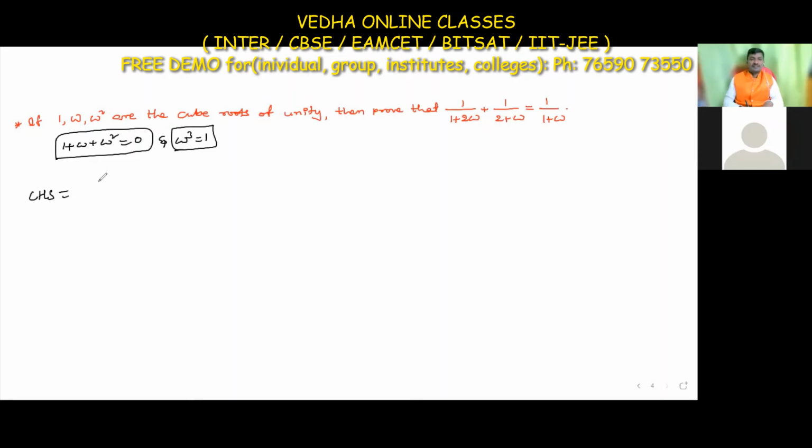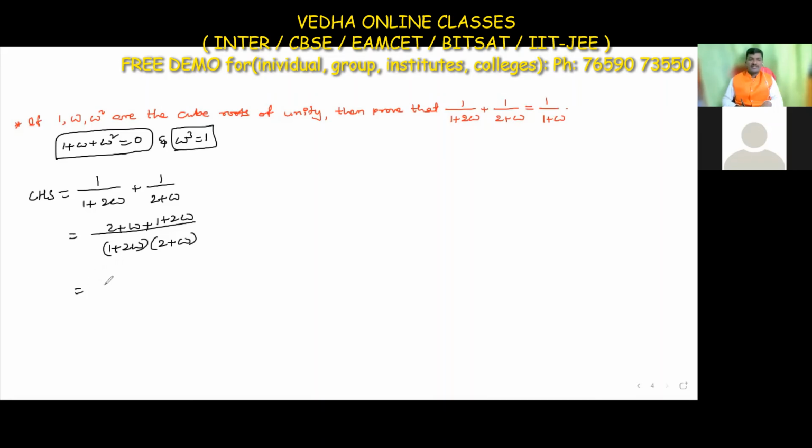LHS is equal to 1 divided by 1 plus 2 omega plus 1 divided by 2 plus omega. Take LCM. Maximum we will try to remove the omega terms in the denominator. So 1 plus 2 omega and 2 plus omega. By taking LCM, we get 2 plus omega here plus 1 plus 2 omega here.